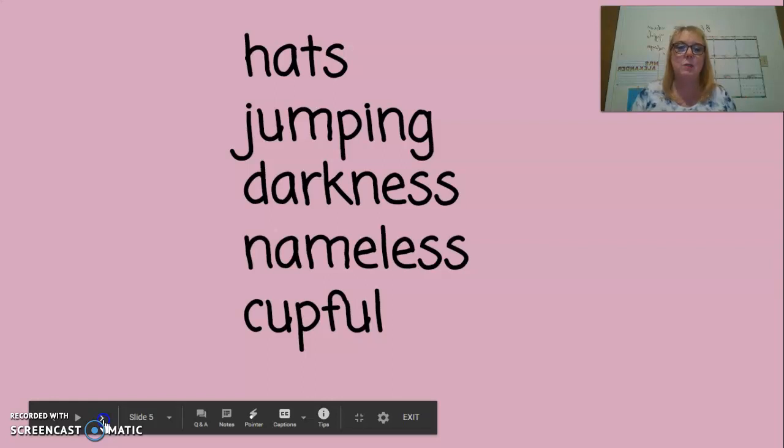Now back to these words. Do you see at the end of these words the suffix? Let's identify the suffix in each word. What's the suffix in this first word? Did you say S? That's correct. All right, what's the suffix in this next word? ING? Good job.